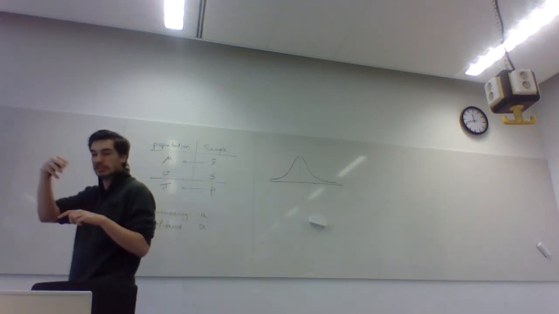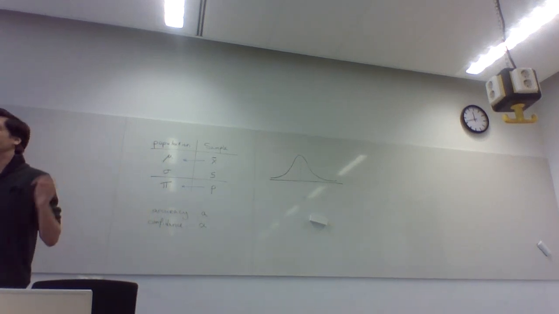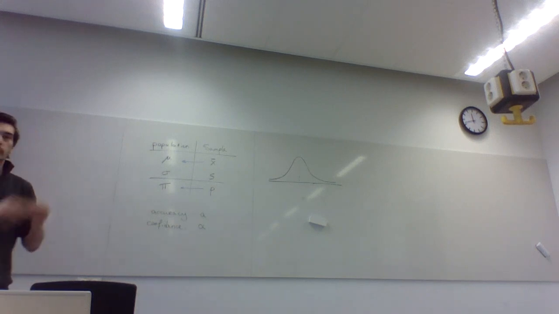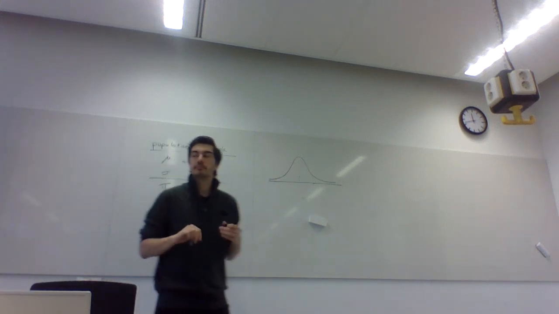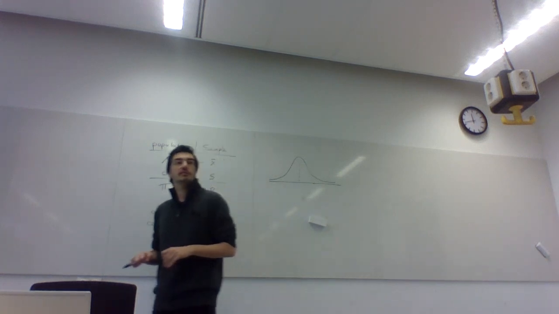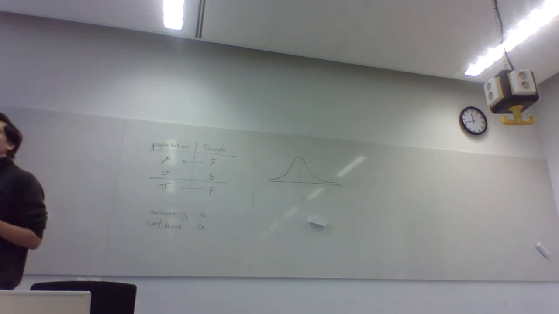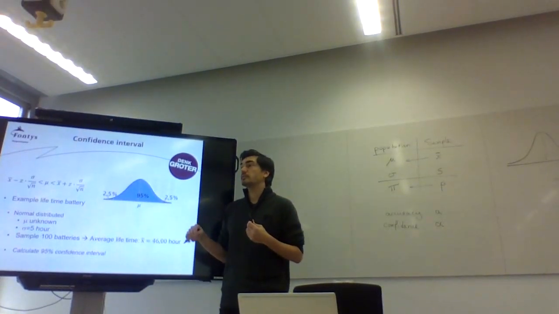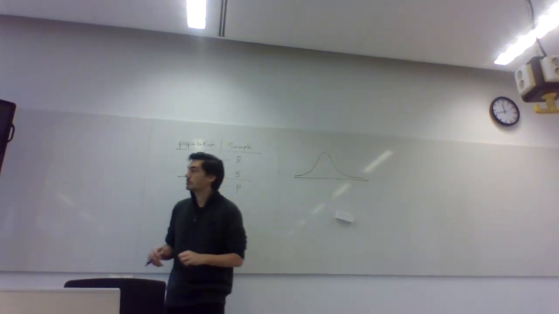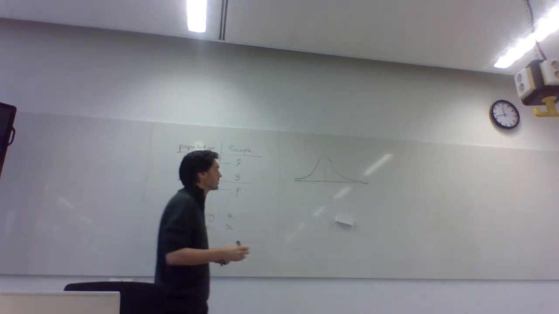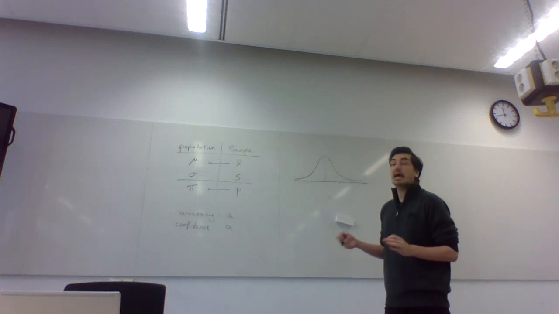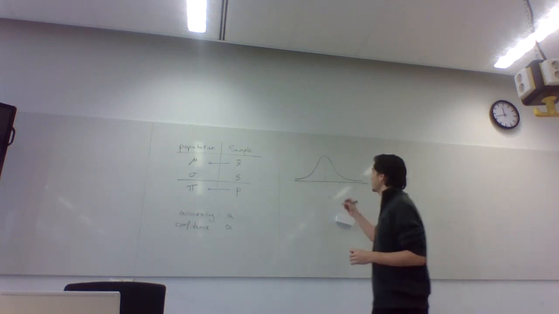And on the back of the box it says, this battery will last you roughly 45 hours, let's say. I want to put that on the back with some certainty, without people then taking out 10 of those batteries, testing them, and finding that it's only 40 hours instead of 45. Okay? So we're going to do a test, take a few of these batteries we've produced, let's say 100, and from those 100 batteries, we find that the average lifetime is 46 hours.